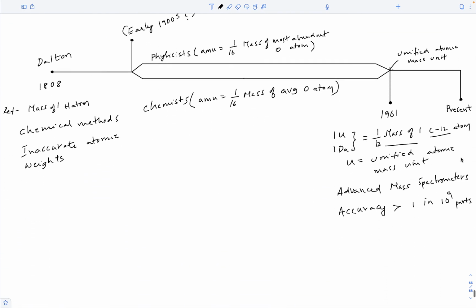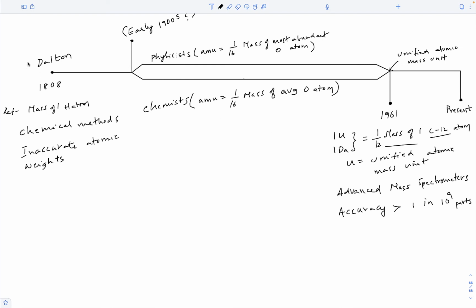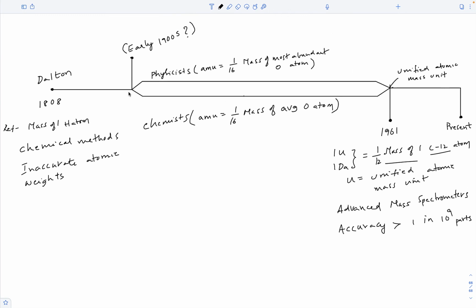In 1808, John Dalton started determining atomic weights using mass of a hydrogen atom as reference and chemical reactions, and his atomic weights were terrible. About 100 years later, we switched to oxygen reference, and physicists and chemists ended up on two slightly different scales.